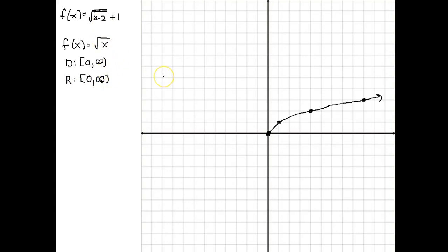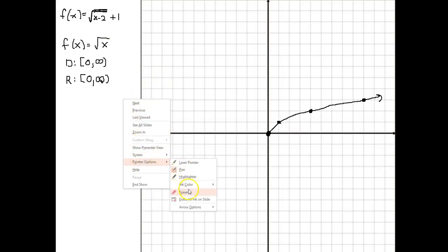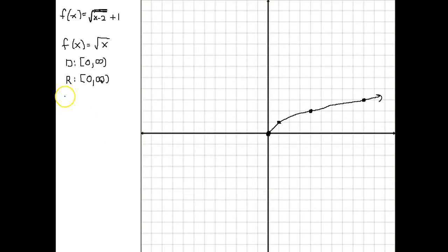Let's do blue again. All right, looking underneath the square root sign, it's a grouping sort of symbol, so we need to tackle that first and do square root of x minus 2. We're subtracting 2 directly from x, so that means we're going to be shifting everything to the right 2 units.